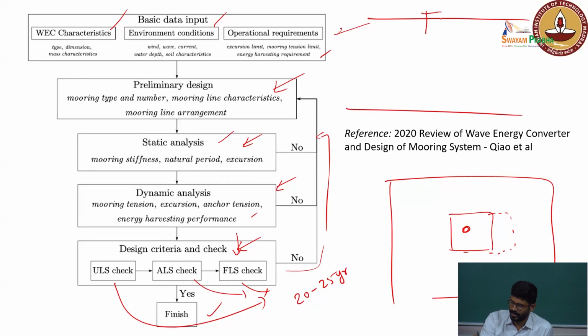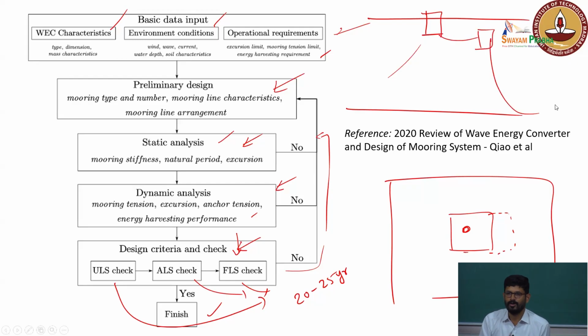What is the recent research trend in these mooring aspects? Coming back to the floating wave energy converters, the moorings that are generally adopted for oil and gas platforms are not exactly the same as what is done for those. For example, let us take this floating wave energy converter, right? As of now, what we told, there will be a line which is running, correct? But then we don't do it that way, you will have some kind of a buoy, right?